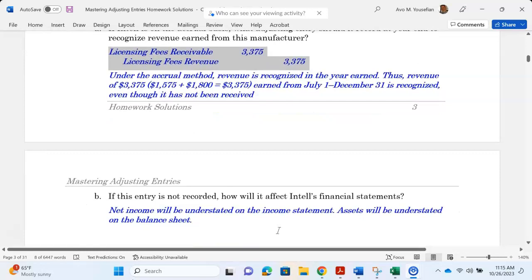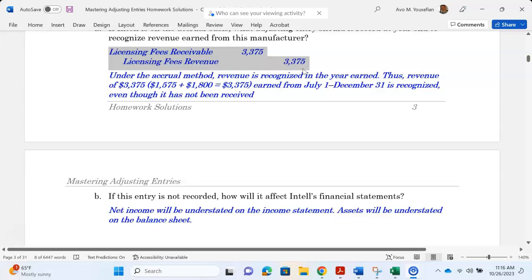If it's not recorded that way, what would happen? If you don't record this, the accounts receivable will be understated in your balance sheet. That means your asset will be understated in your balance sheet. If you don't record the revenue, then your revenue will be understated.